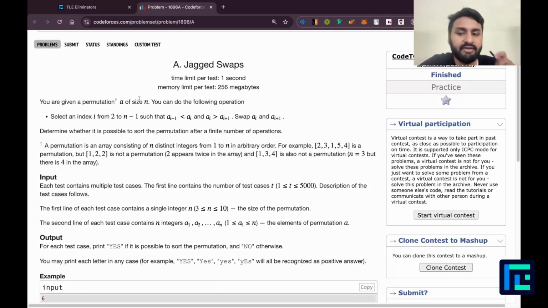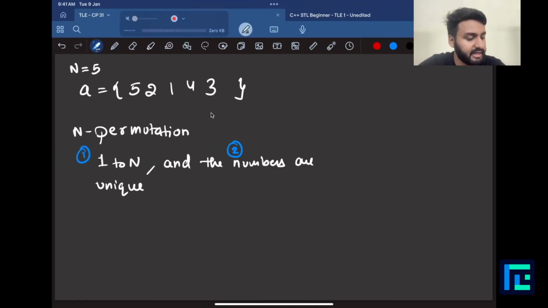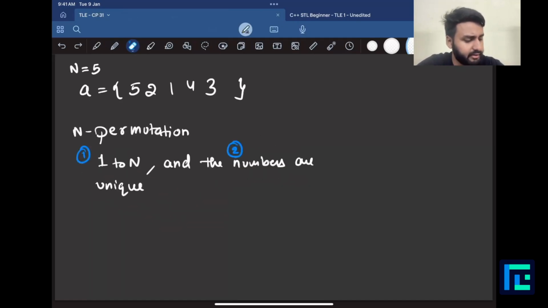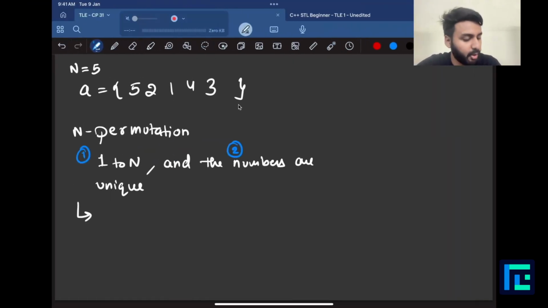They are saying they have given you an array A that is a permutation of size n. That means I'll take an example over here only, that I'll say, okay, this is an n size permutation, so I'll rub all this part. I'll write it over here that this is an n size permutation for n equals to 5. Now, once you have understood a permutation, they have told you that you can perform an operation. So I'll mark these as indexes.